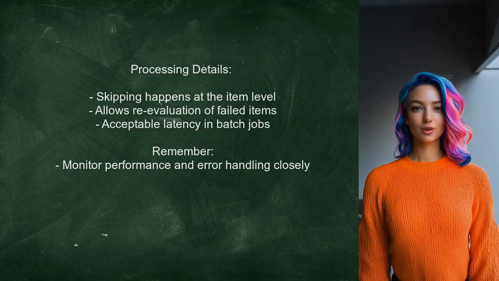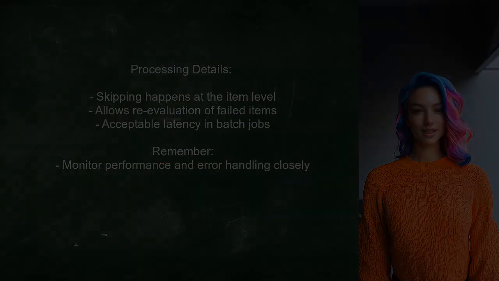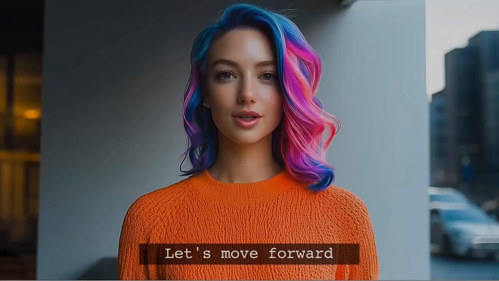The user also notes that the skipping process occurs at the individual item level, allowing Spring Batch to reevaluate items that fail processing. This is acceptable in batch jobs, which often deal with large data sets and can tolerate some latency. Let's move forward and look at another answer.